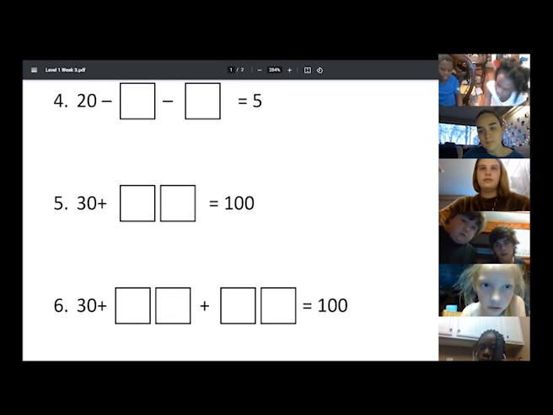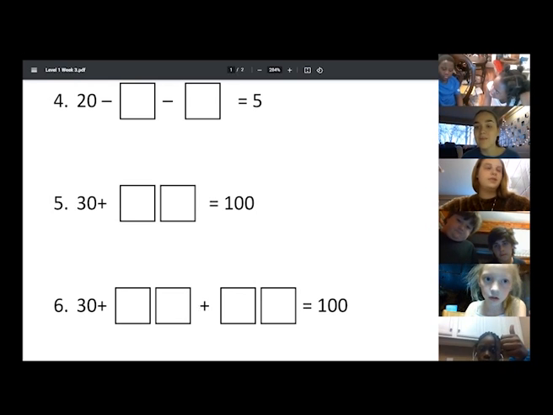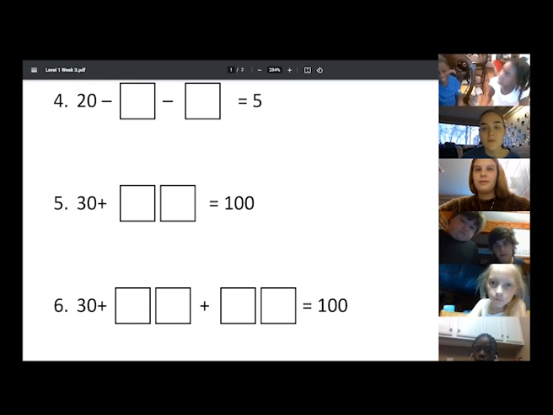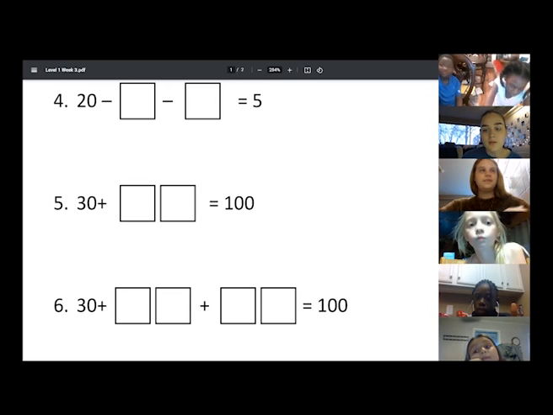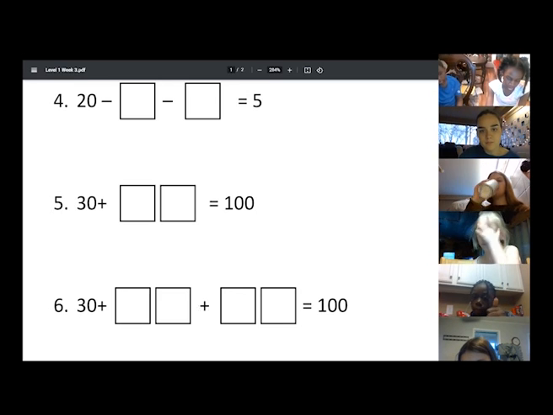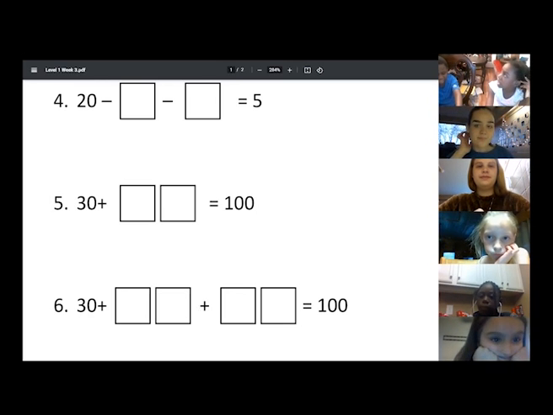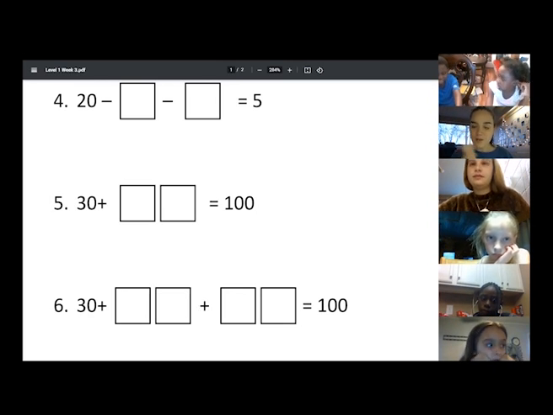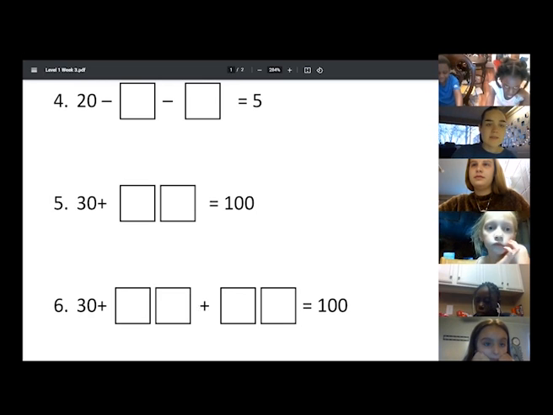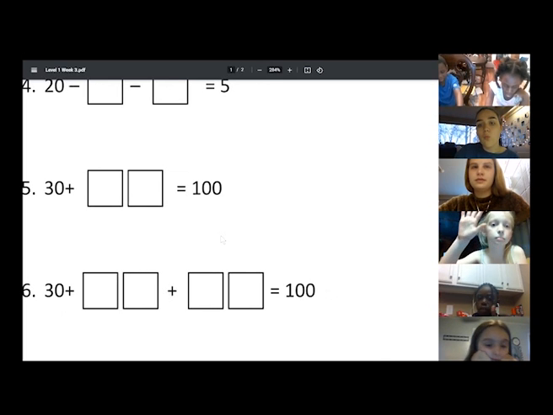I had number 5 and 6 done. All right, we'll wait just a minute to give everybody a chance to finish. Hi, Christian. We'll wait just 1 minute, okay? All right. Since it looks like most of you have at least number 5 done, we'll go ahead.